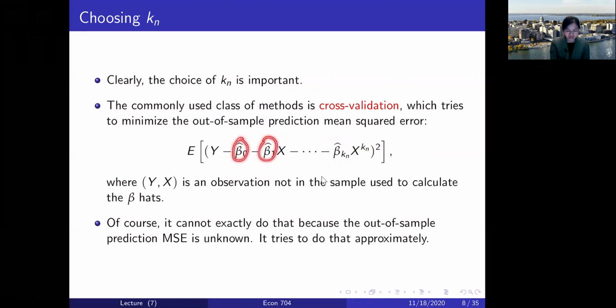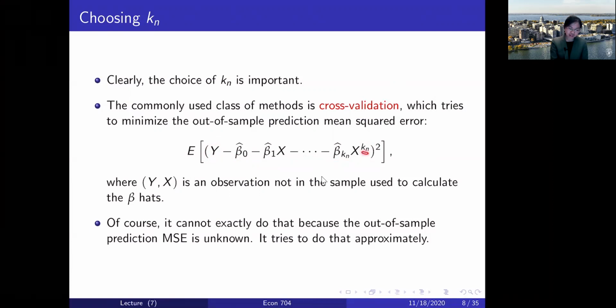And having noisy estimators will affect your ability to use this linear function of x to approximate y. So a larger Kn can hurt the approximation quality in that way, by reducing the accuracy of these estimates.